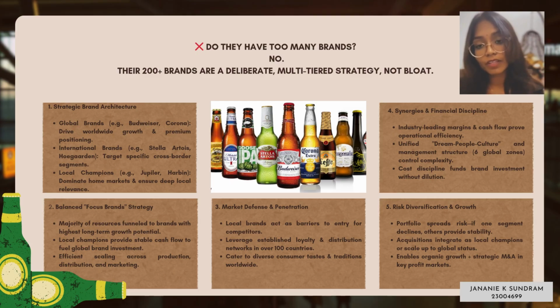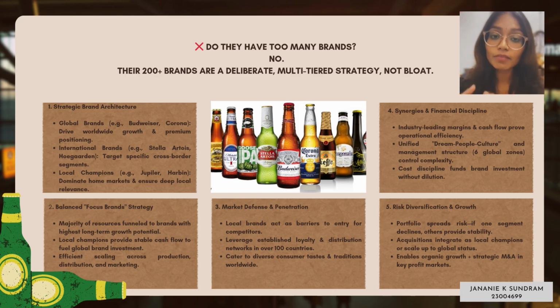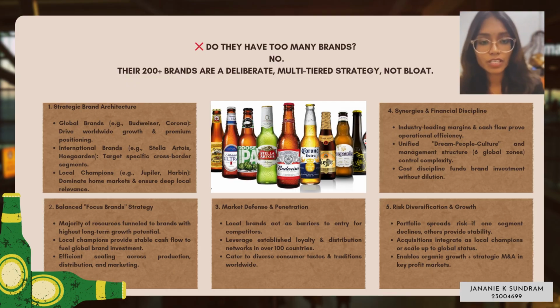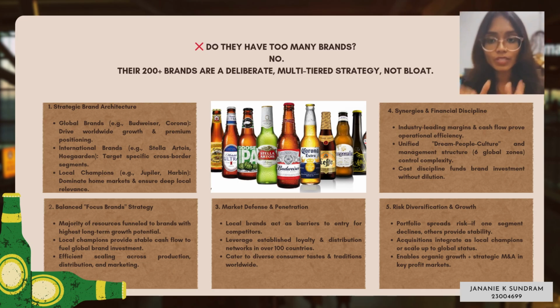This wide portfolio also strengthens market penetration and competitive defense, as the strong local brands act as barriers to entry for competitors and allow AB InBev to leverage existing distribution networks and customer loyalty across more than 100 countries. Despite this complexity, AB InBev maintains its efficiency through strong financial discipline, industry-leading margins, and an unfussy management structure supported by its Dream People Culture philosophy, which ensures that the company operates as one global organization with shared values.